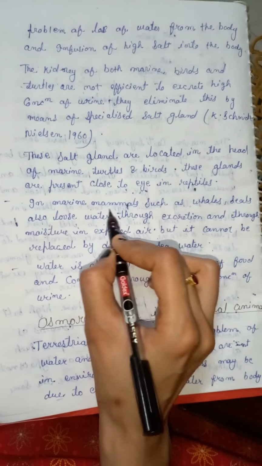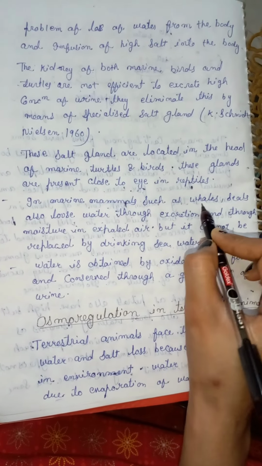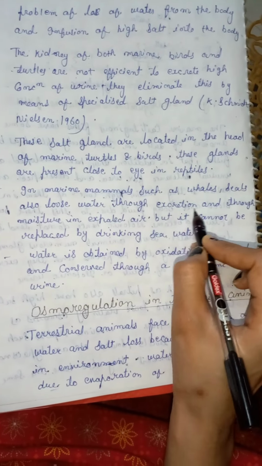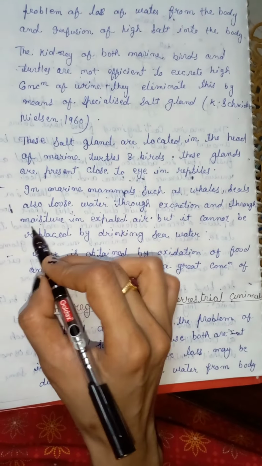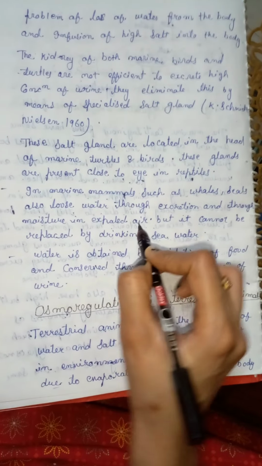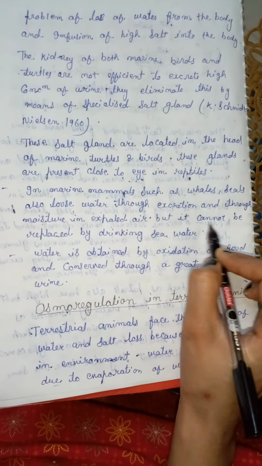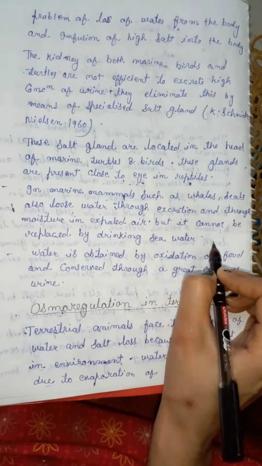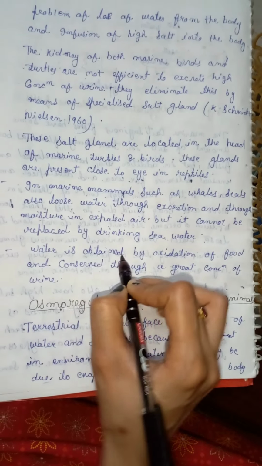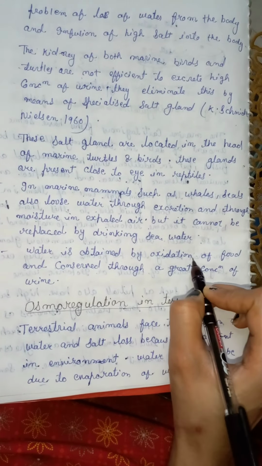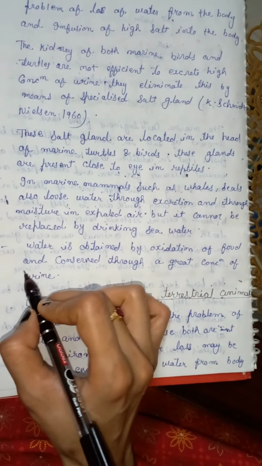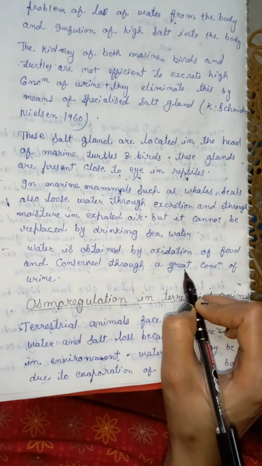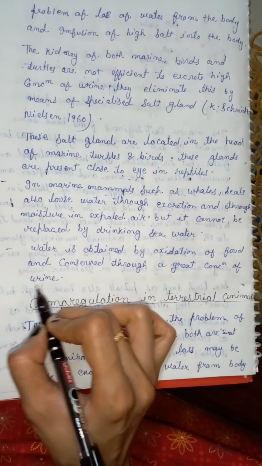In marine mammals such as whales and seals, water is also lost through excretion and through moisture in exhaled air, but it cannot be replaced by drinking seawater. Water is obtained by oxidation of food and conserved through a great concentration of urine.